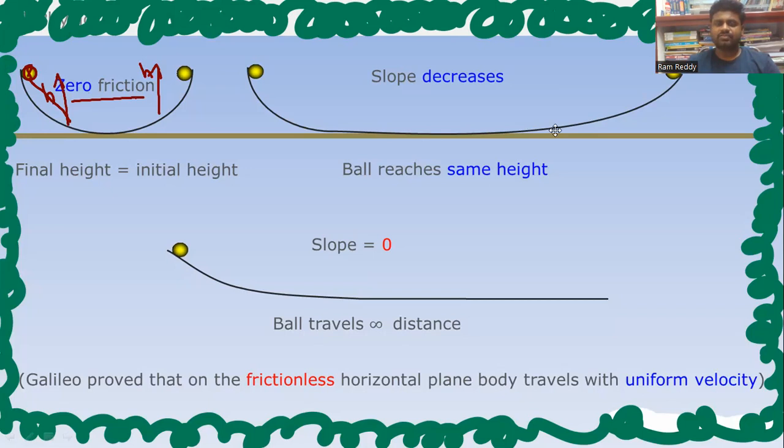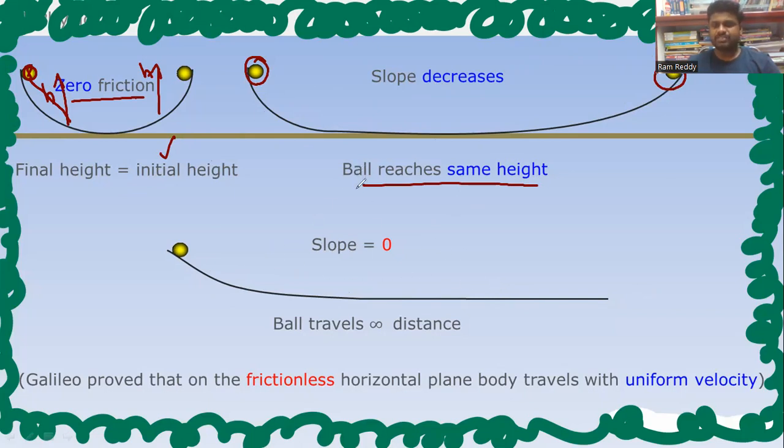In the second case, if we observe, the slope is decreased. Even though the slope is decreased, the ball is reaching the same height. The final height and initial height are the same here, and in the same way here the ball reaches the same height. And in the third case, if there is no slope, the ball will travel directly proportional to the distance. However much distance there is, the ball will travel the same way.